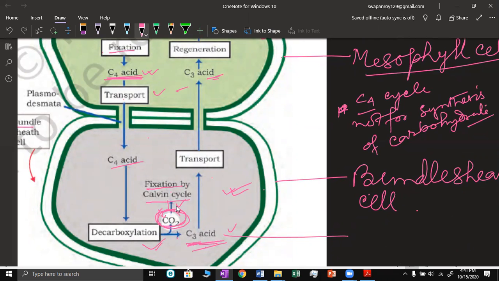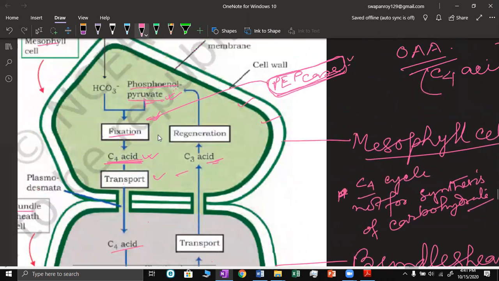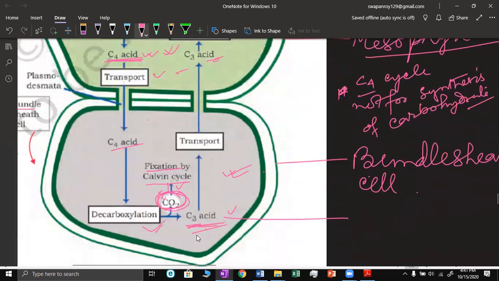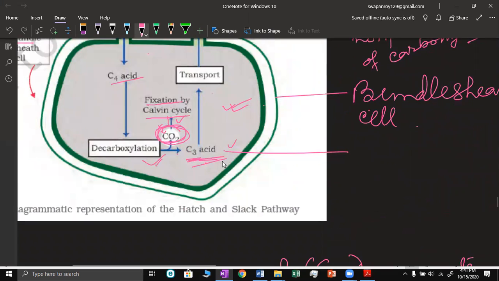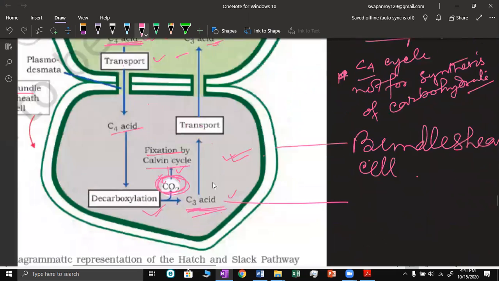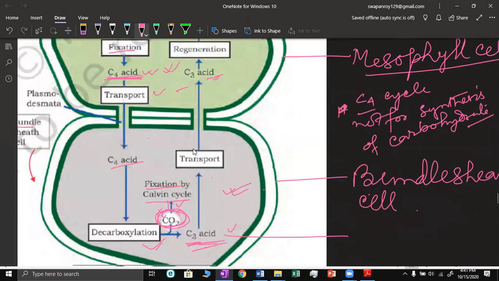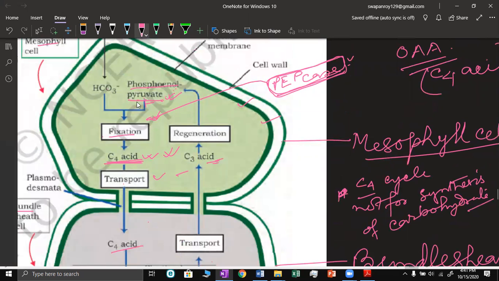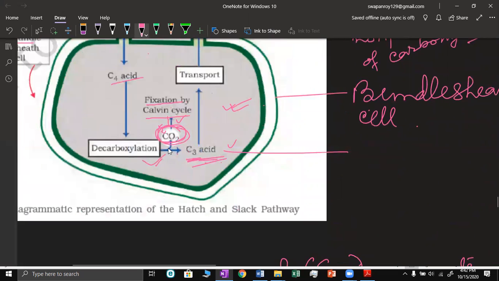They are the broker or dalal, or you can say they are the supplier agent who supply the raw material. Factory is there in the bundle sheath cell, which is the Calvin cycle, and this one is absorbing here and releasing at the site of Calvin cycle.